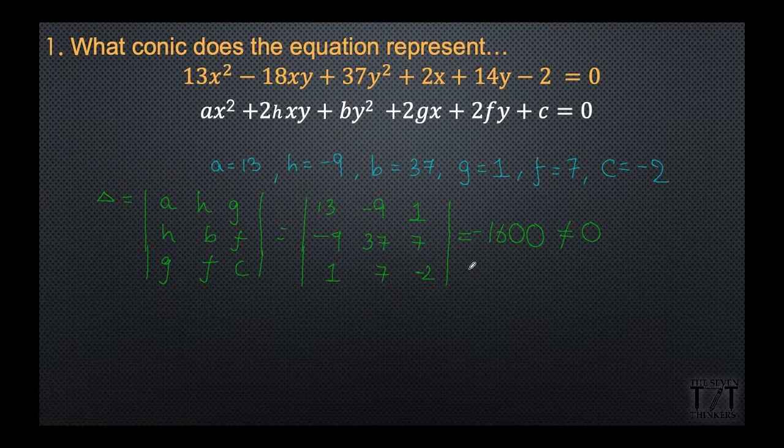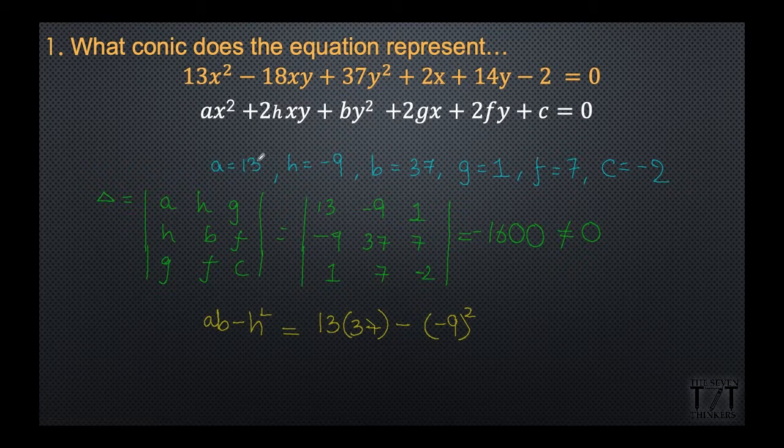So what are we left with? We are left to find the value of ab minus h square. That would be equal to 13 into 37 minus 9 whole square.